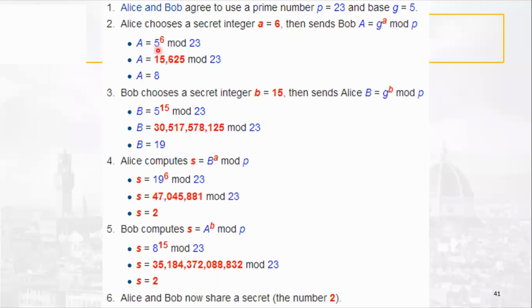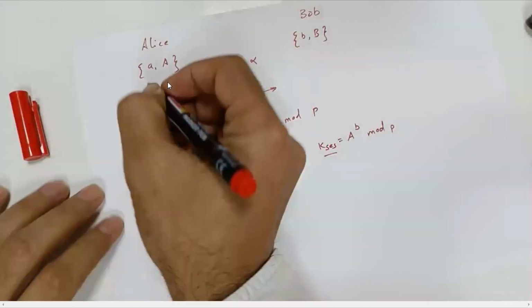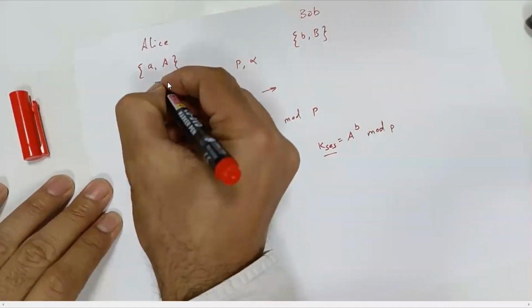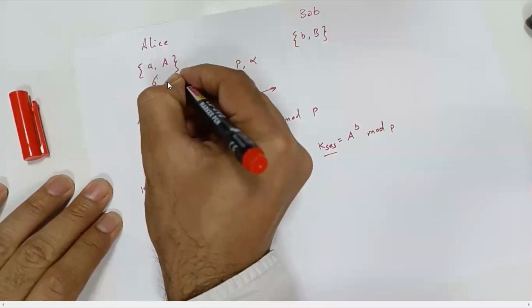So g is 5, your private key is 6, and you're taking mod 23. Alice calculates a public key as 8. So Alice has a private key of 6 and a public key of 8.